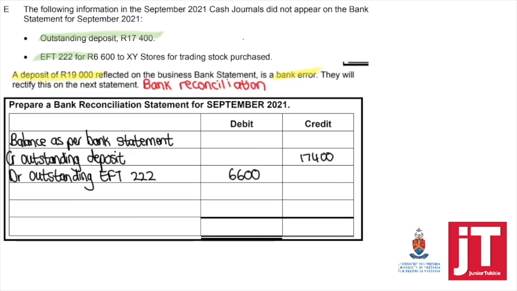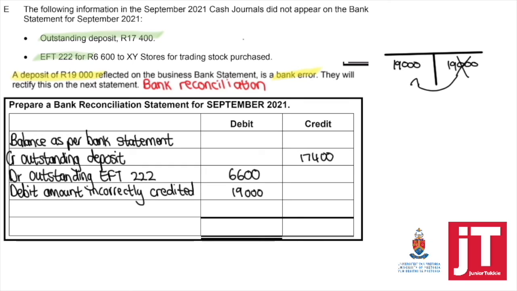Now we need to correct that deposit of 19,000, which was incorrectly credited to our bank account. It means if it was incorrectly credited, we now need to debit our bank reconciliation statement because the bank will need to debit our bank account. So debit amount incorrectly credited 19,000. Now we need to show what was the balance as per bank account.